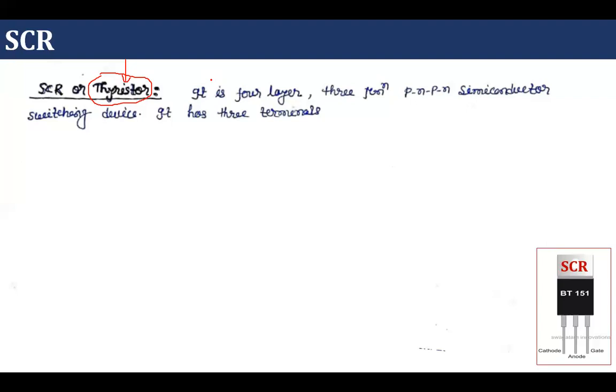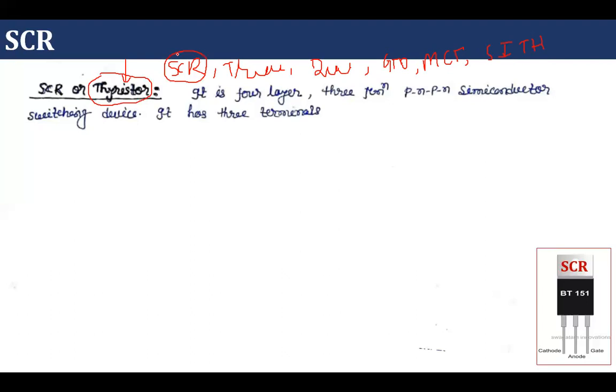It has many family members. In the thyristor family, we have silicon controlled rectifier, triac, diac, GTO, MCT, SITH, etc. A number of devices are part of this family, and the most popular semiconductor device of this family is the silicon controlled rectifier.